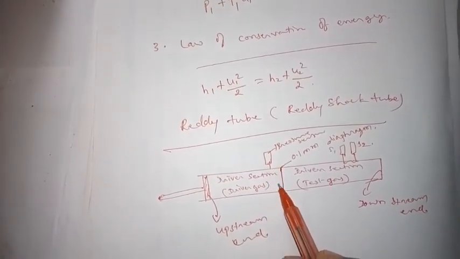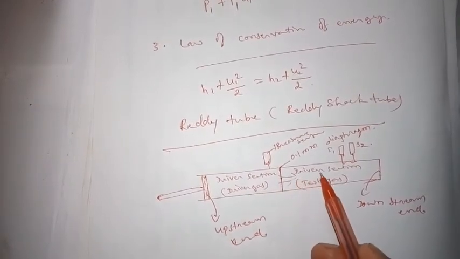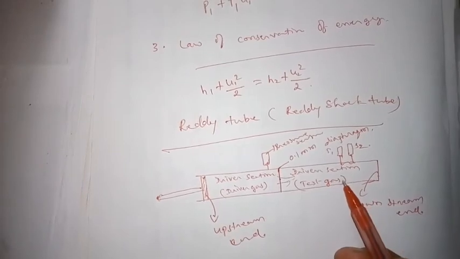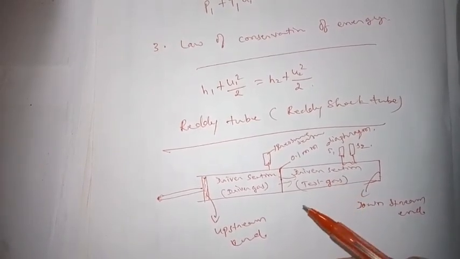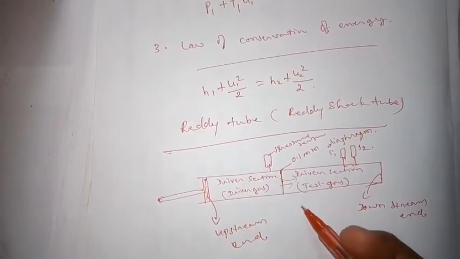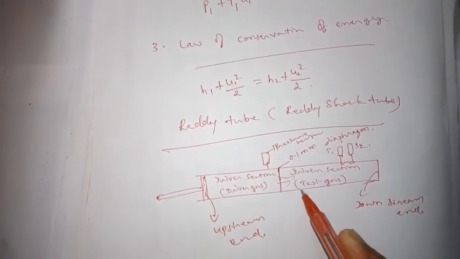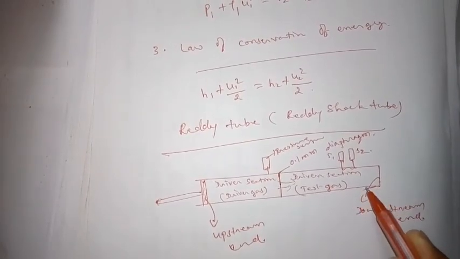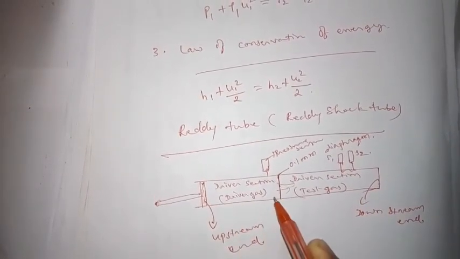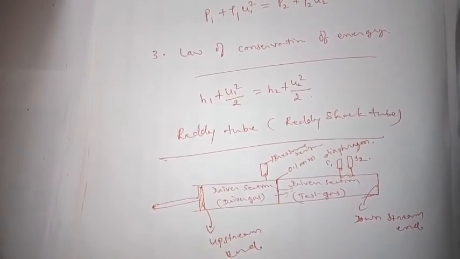Following the rupture, driver gas rushes into the driven section and pushes the driven gas towards the far end, and this generated moving shock wave travels the length of the driven section, and the shock wave instantly raises the temperature and pressure of the driven gas as it moves over it.